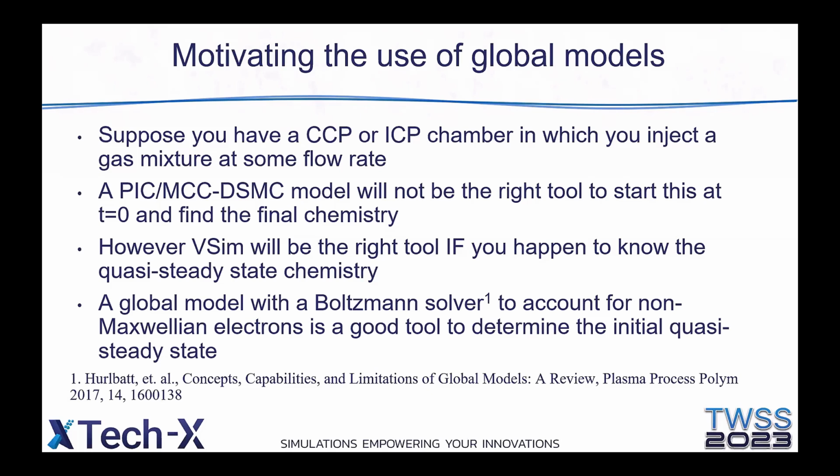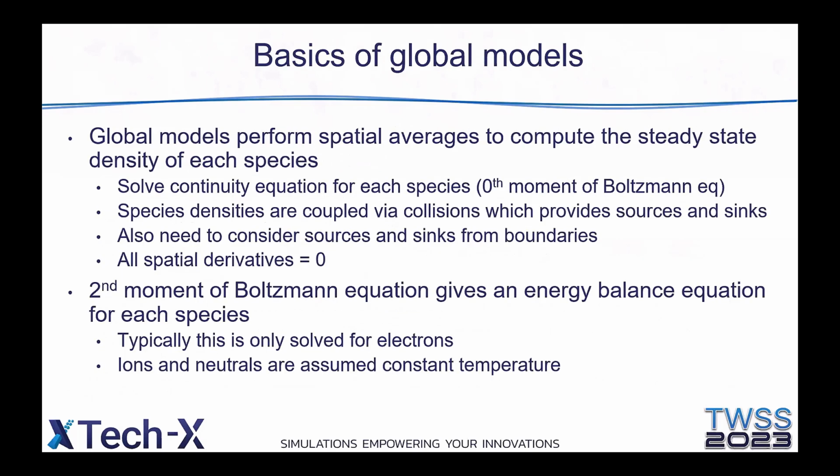So if you happen to know the chemistry to include, then you can put that chemistry into VSim and you can model that. So that's what I'm going to be talking about now, the global model that we're using and some of the physics behind the global model. Global models perform spatial averages to compute steady state density of each species. And the equations that are being solved are the zeroth moment of the Boltzmann equation, which is the continuity equation.